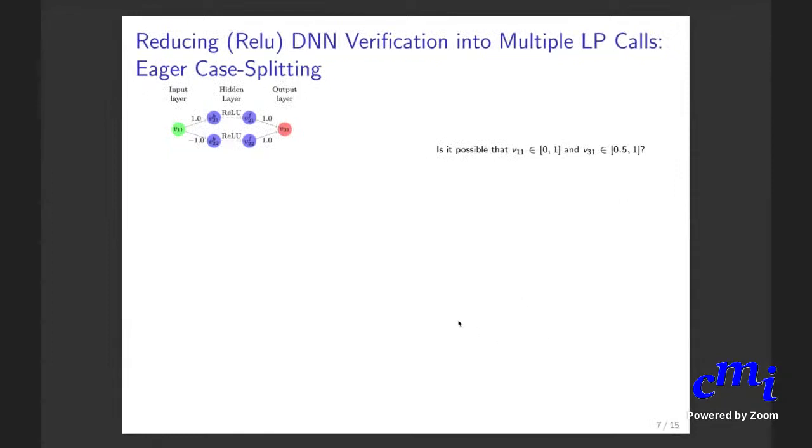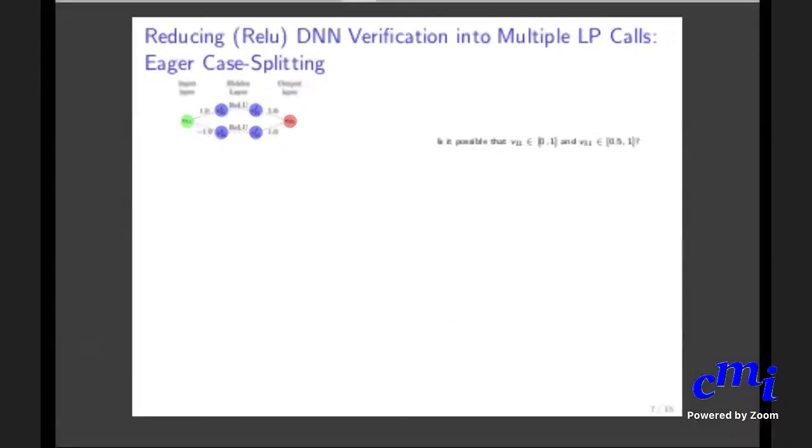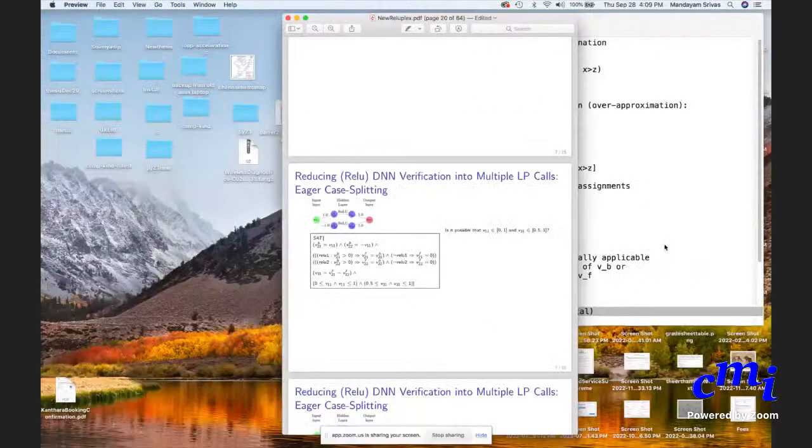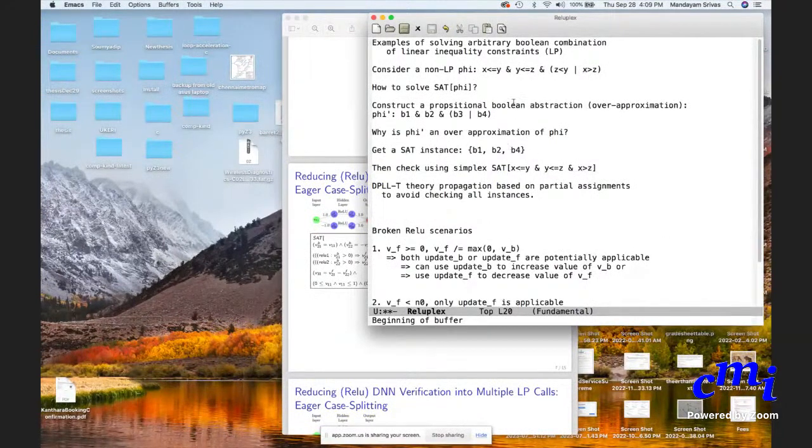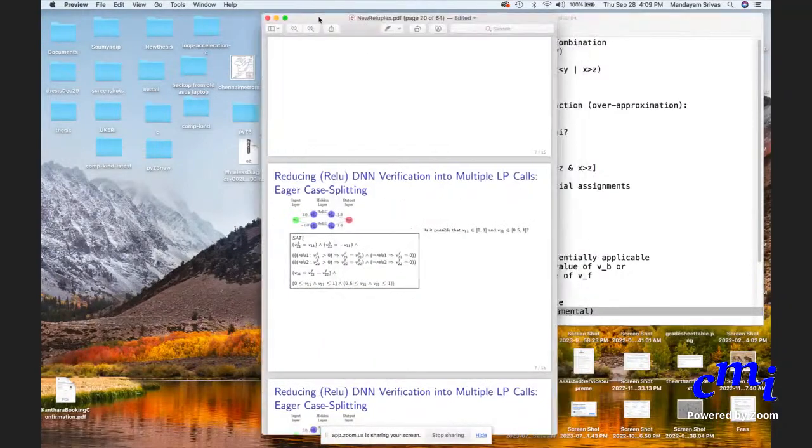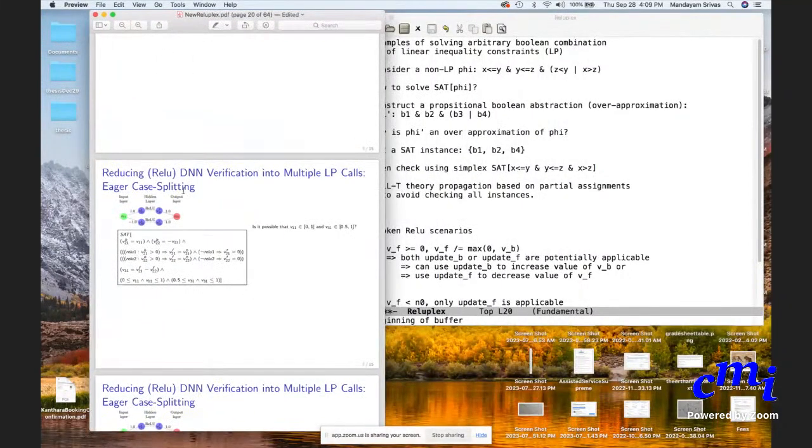Okay, before I start discussing Reluplex, I hope you can read this typed text in here. What exactly is the problem that Reluplex is trying to solve?